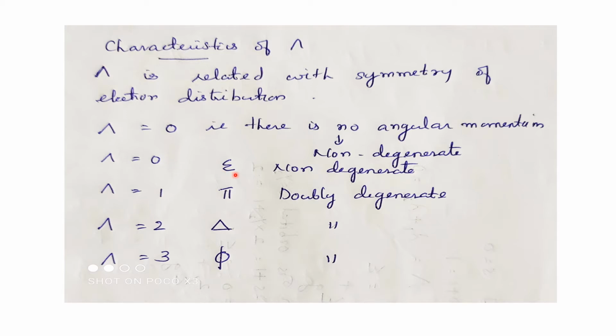That state is non-degenerate. When lambda equals 1, the term is pi, that is a doubly degenerate state. When lambda equals 2, the term is delta, that is also doubly degenerate. When lambda equals 3, the term is phi, that is also a doubly degenerate state.